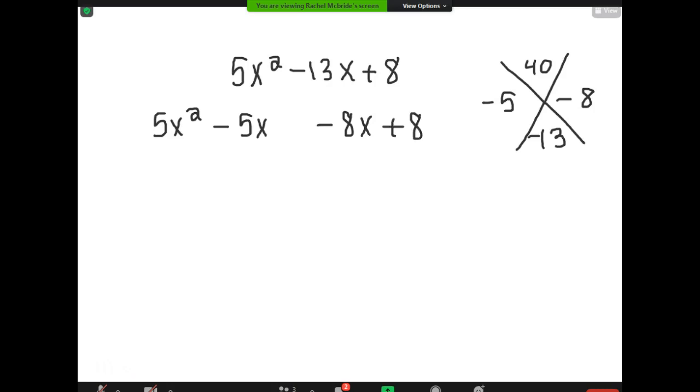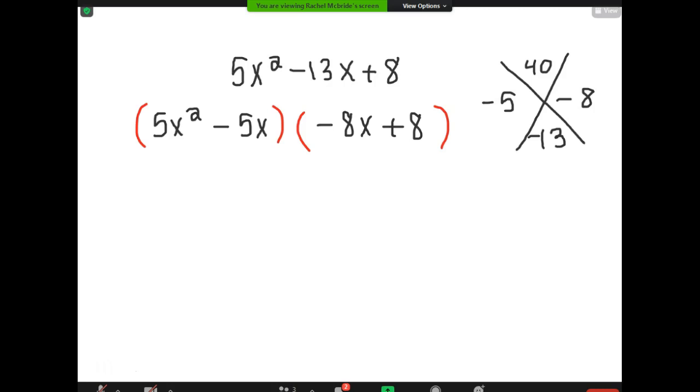And remember that when we do factor by grouping and we have a negative, that negative gets put inside the grouping parentheses. So a negative goes inside the grouping parentheses. So when you take out your GCF, you take out a negative whenever there's a negative on that first term.